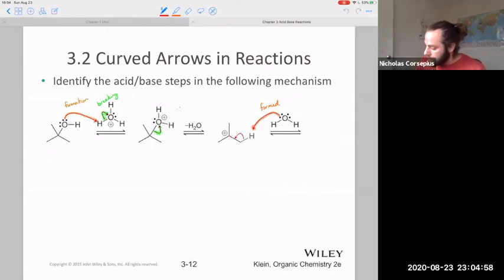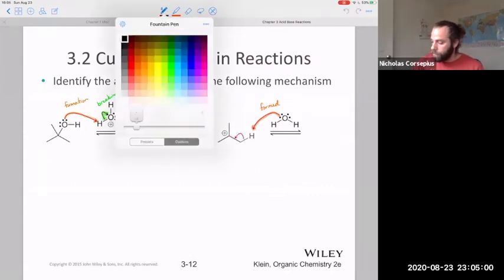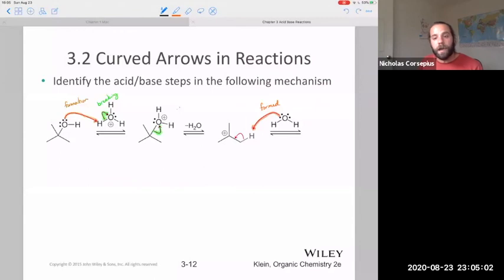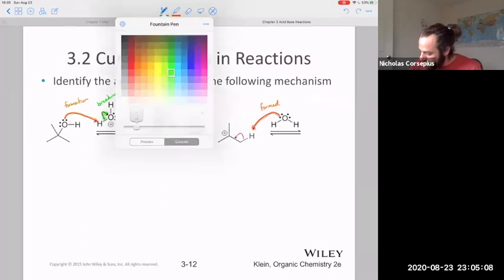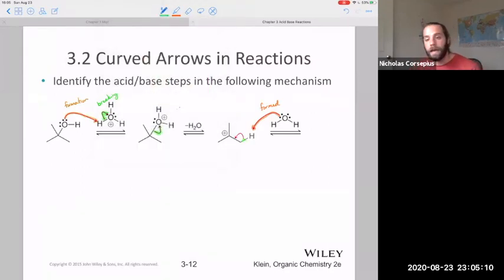But this is actually something a little bit different than what we've seen before, in that this pair of electrons is coming down. This bond right here is breaking as that hydrogen's being grabbed. But now that pair of electrons is coming down and forming a new bond with this carbon, with that carbocation.